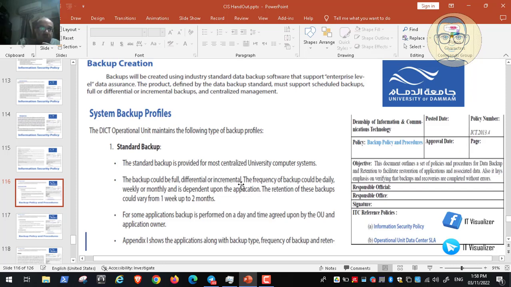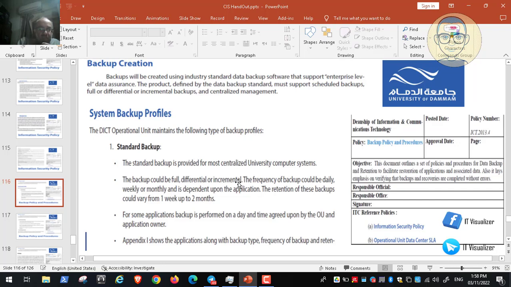Maybe, for example, the HR system doesn't need to be backed up every day. Maybe it can be backed up every month. So here it depends upon the importance of the application, or the type of data that the application works with.